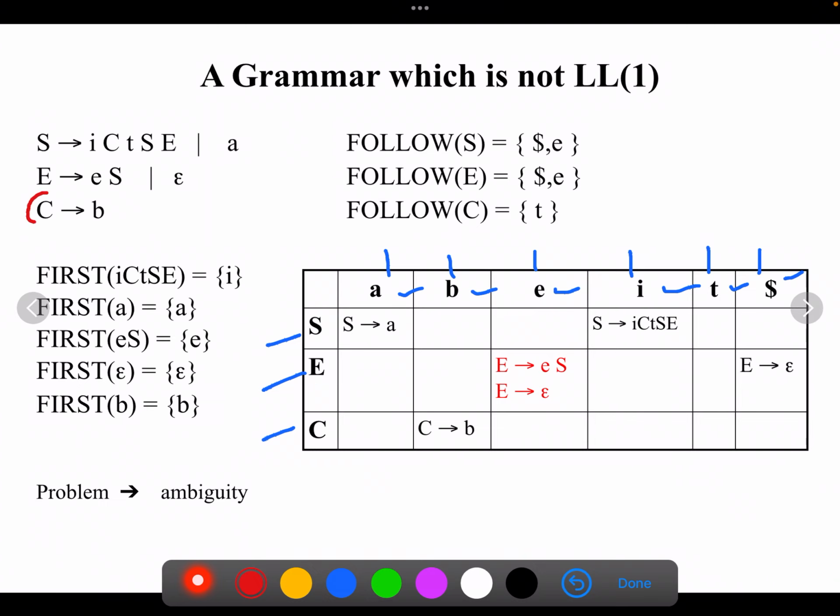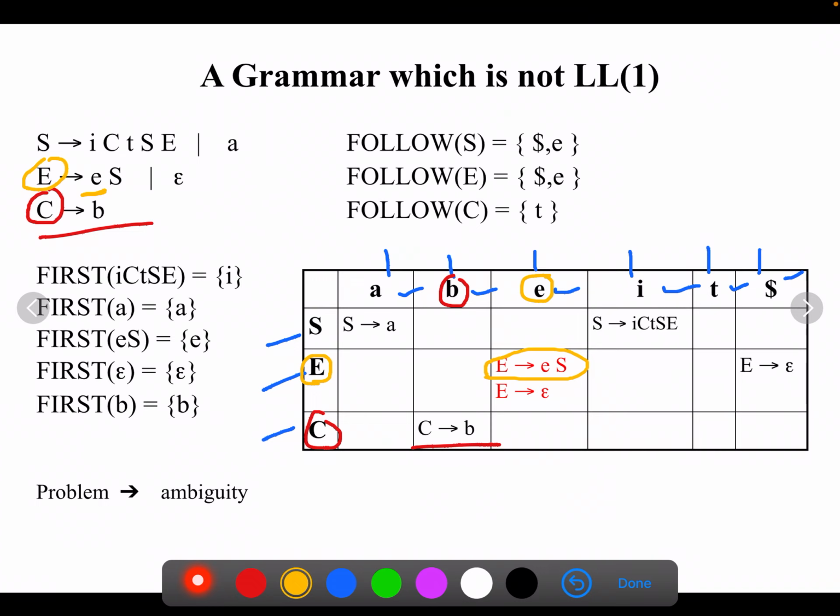First of C is B. So C on B, you have to write this production. Okay, now moving on to next. First of E is E. E on E, you have to write this production because this is the production which gives me E.